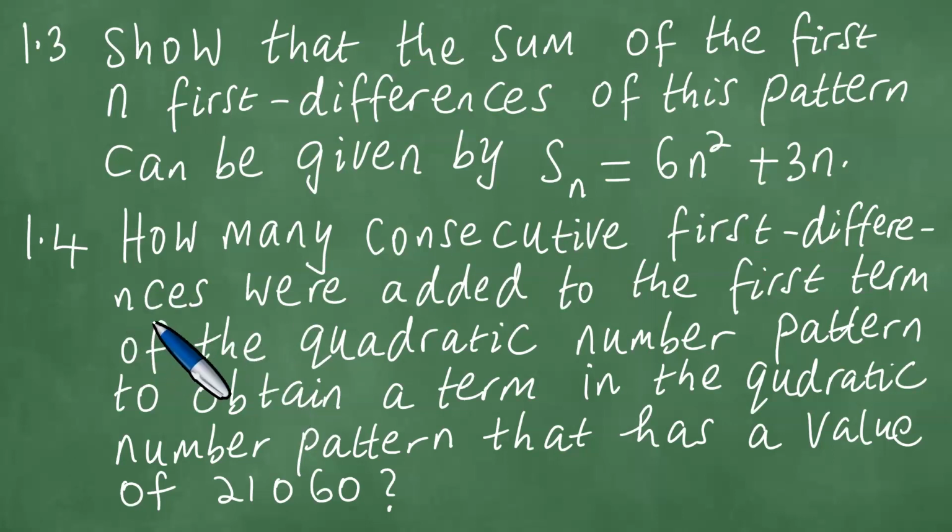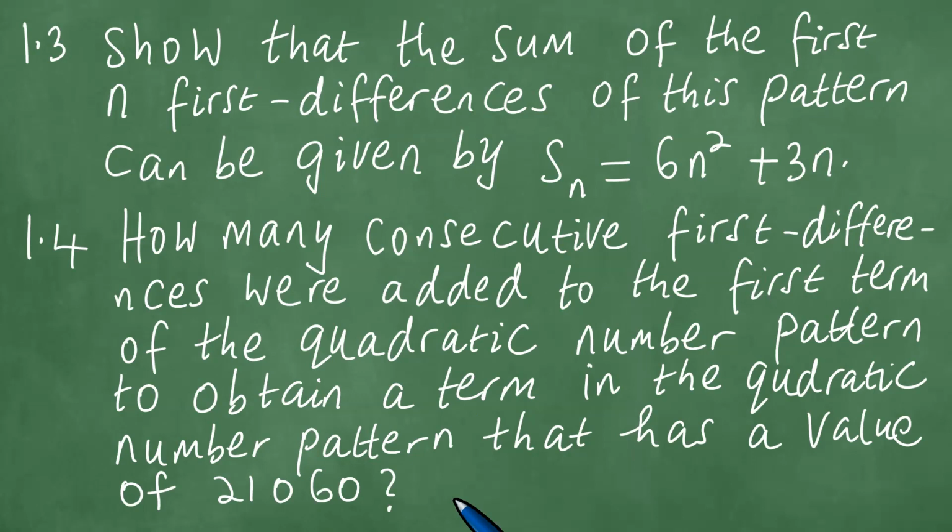1.4. Okay. How many consecutive first differences were added to the first term of the quadratic number pattern to obtain a term in the quadratic number pattern that has a value of 21,060? Think about this question and wonder, how do you approach this?